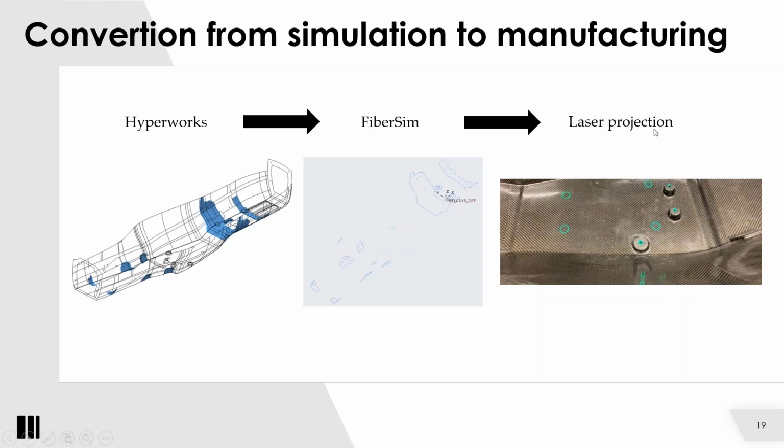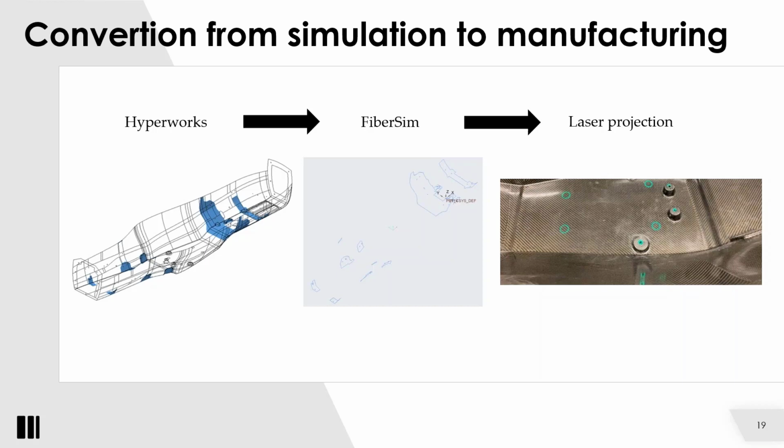And then we load this into a software for our laser projection, and the laser projection is mounted at the top of our manufacturing hall. You project these little outlines onto the mold directly, and then you know exactly where you have to place your carbon fiber patch, which is really important to obtain a nice monocoque.